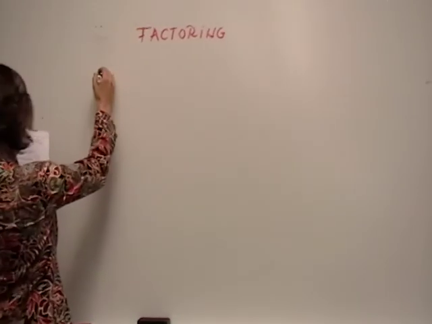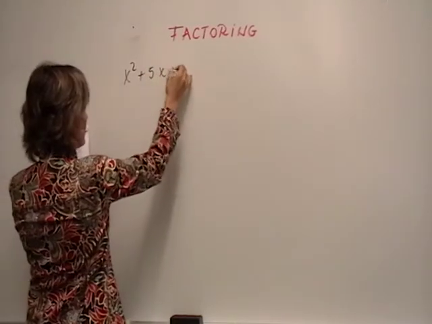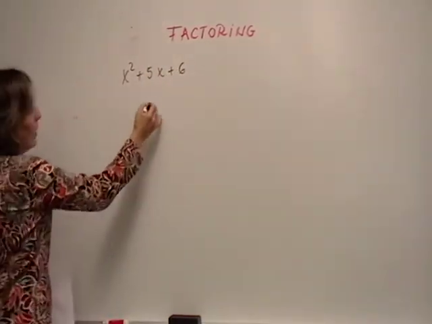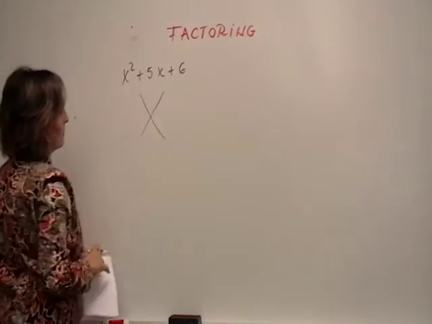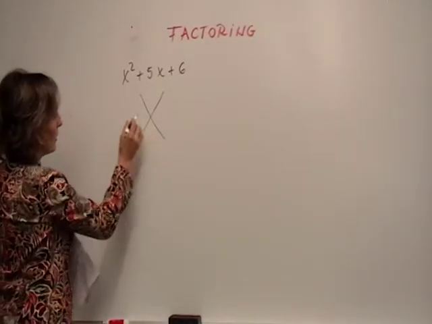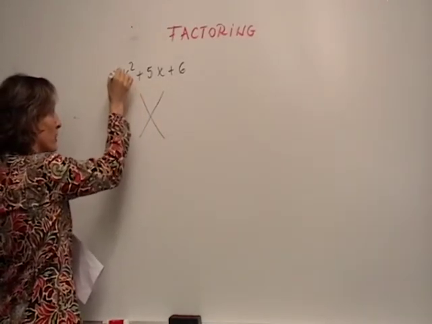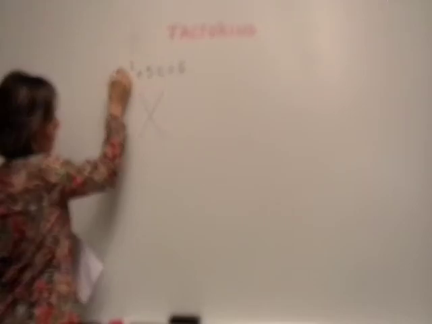Let's suppose you have x squared plus 5x plus 6. Let's make this little x here, and I want you to place the factor of the first coefficient, which in this case is 1.